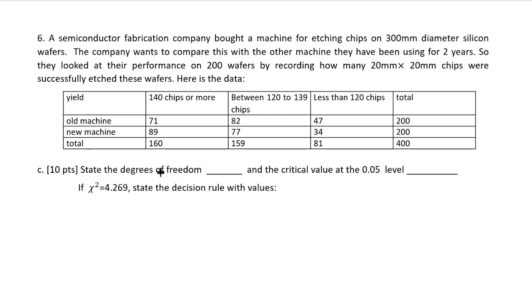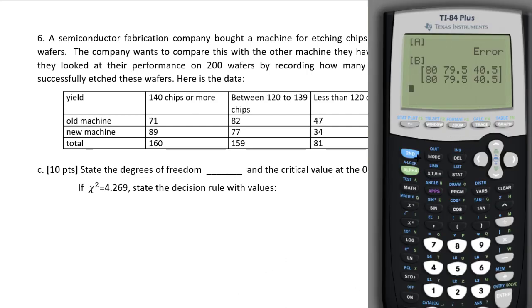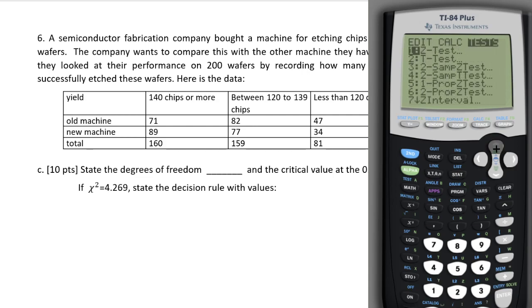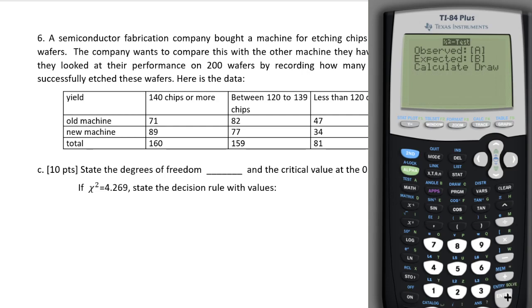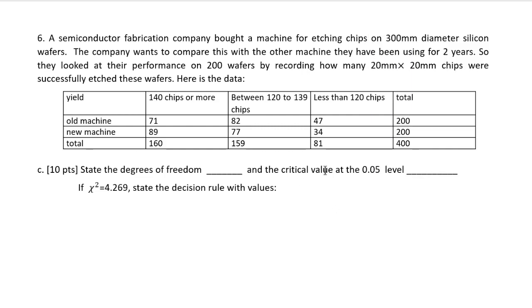Okay, next question. State the degrees of freedom and the critical value at 0.05 level. First of all, the degrees of freedom is 2 just because the calculator gave us that. So let's go back to stat, tests, chi-squared test, and enter degrees of freedom is 2, right? And the critical value at 0.05 level requires the use of the chi-square table.